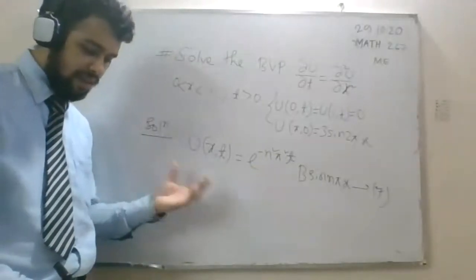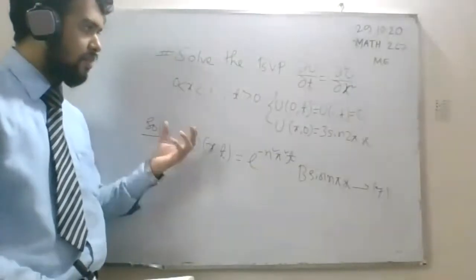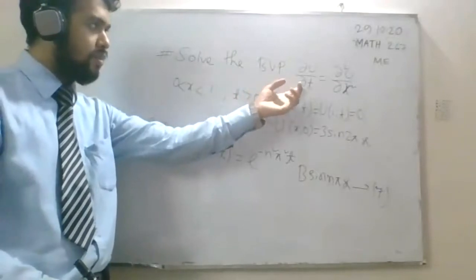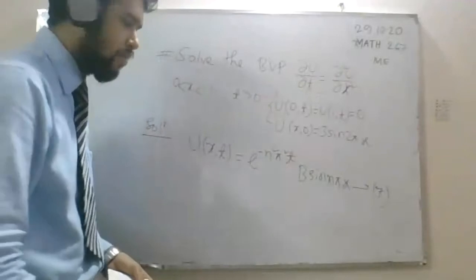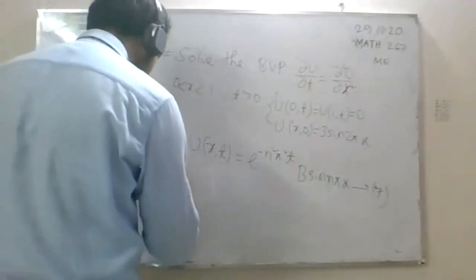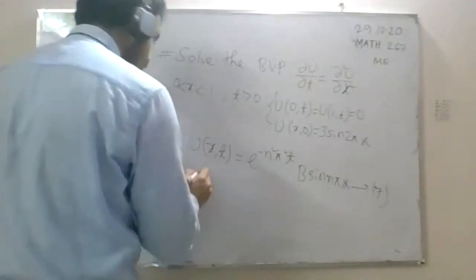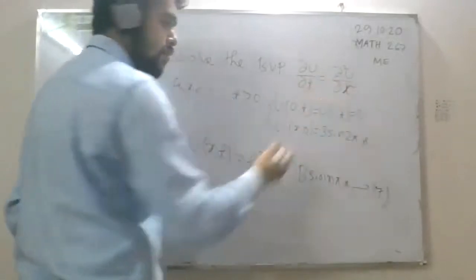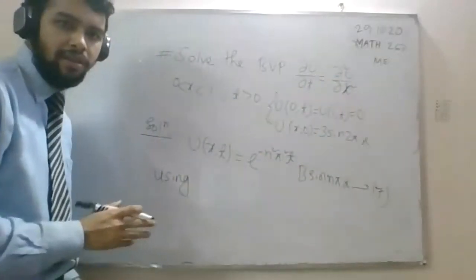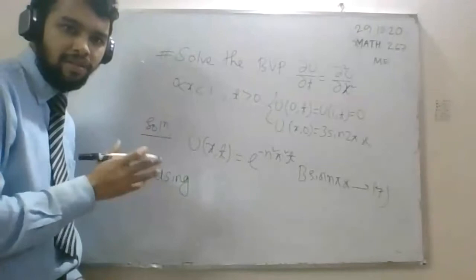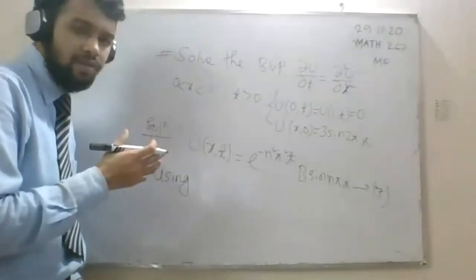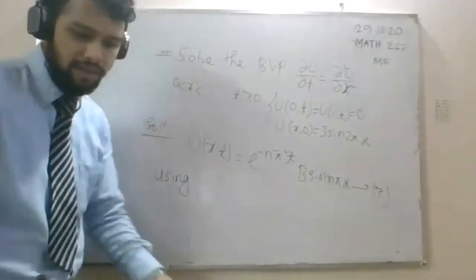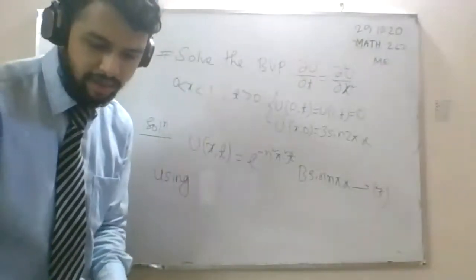When solving these types of equations, always try to remember you have to use the superposition principle for higher order equations. In first order equations we did not use the superposition principle, but for higher order equations you have to use the sum of two solutions.